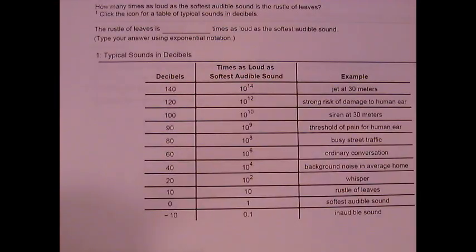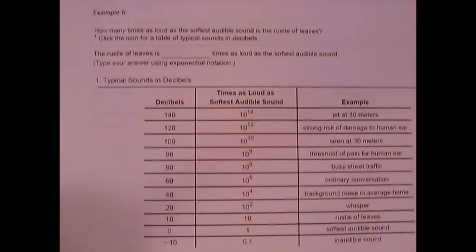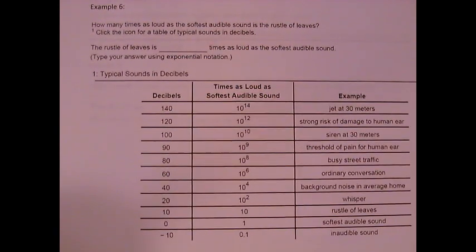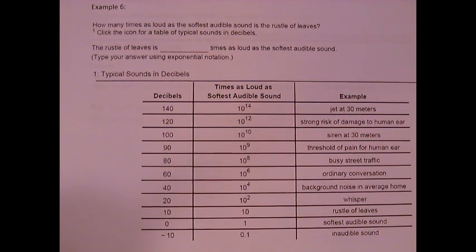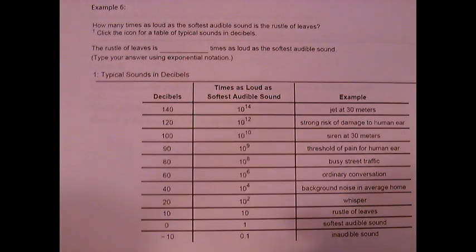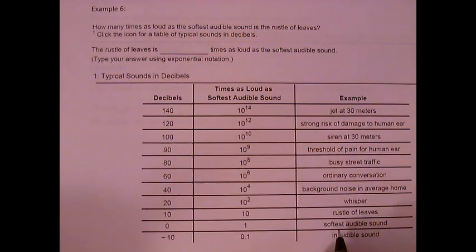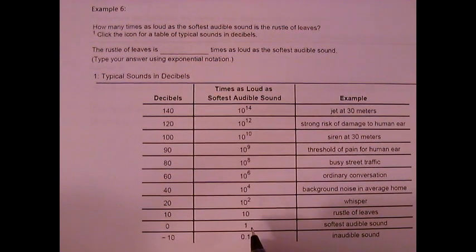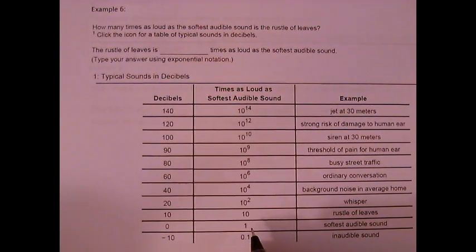Now on the next page, we're going to use that table that I just showed you to answer this question, example 6. How many times as loud as the softest audible sound is the rustle of leaves? Well, the softest audible sound is 1 times as loud as the softest audible sound.